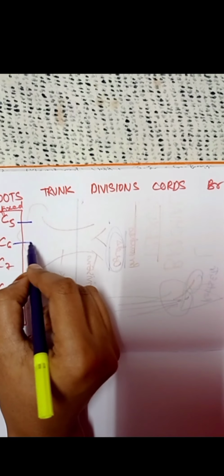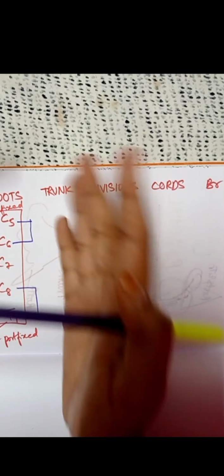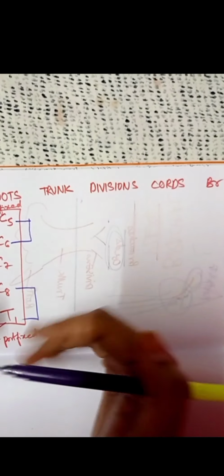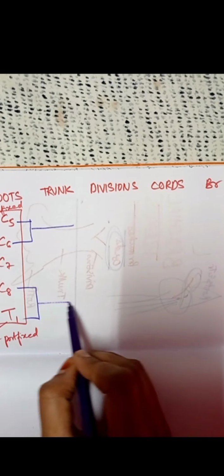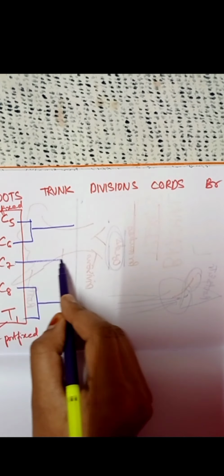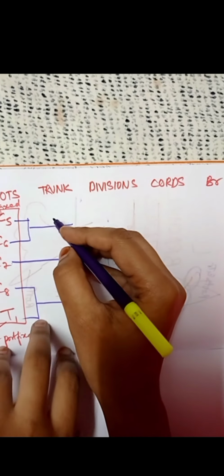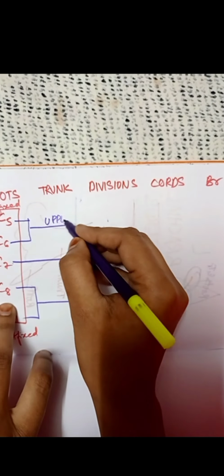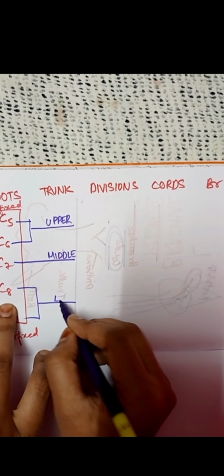C5, C6 combining. C8, T1 combining. The upper two and the lower two group and form your trunks. C7 is left alone. What will he do? He will go independently. So let us name the trunks: upper trunk, middle trunk and lower trunk.